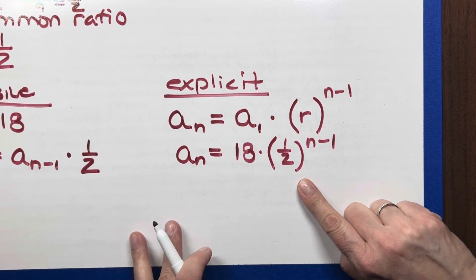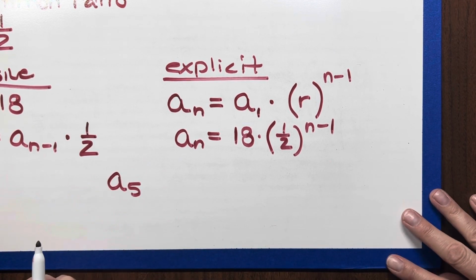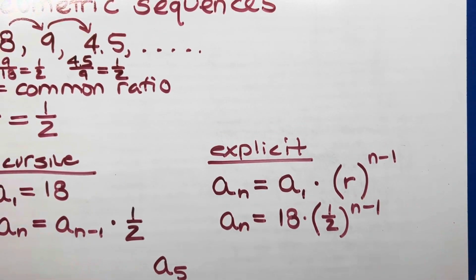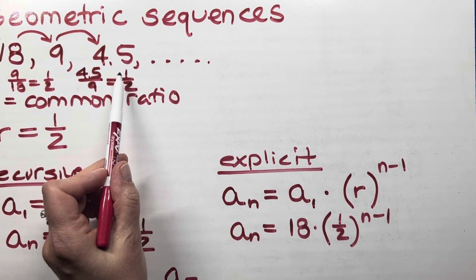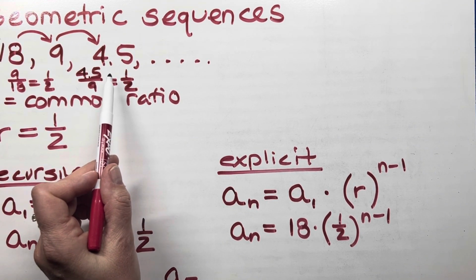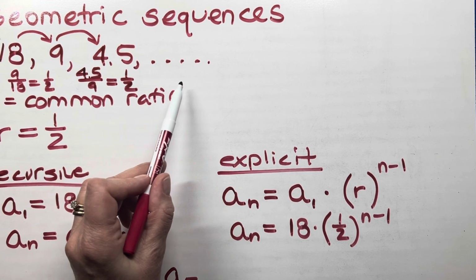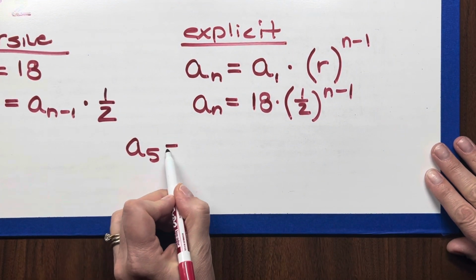And let's not go too far out, let's find our fifth term. Now we feel pretty sure that since we have a decimal here, as we keep taking half and half, we're going to still end up with a decimal. And our numbers should be getting smaller. So when I get to a sub 5, it should be smaller.